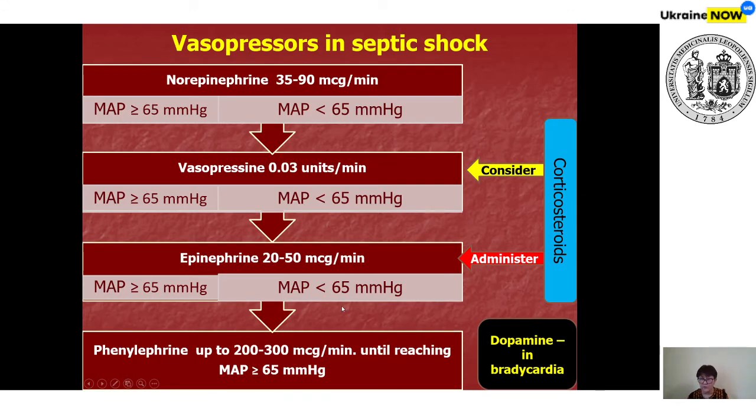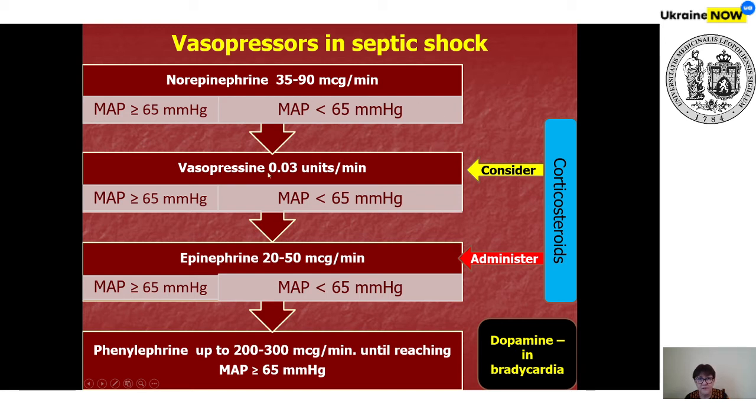Vasopressors in septic shock. We should start with norepinephrine at this dosage, aiming for mean arterial pressure 65 millimeters of mercury. If it's not achieved, you can add vasopressin. At this stage, you can consider using corticosteroids.